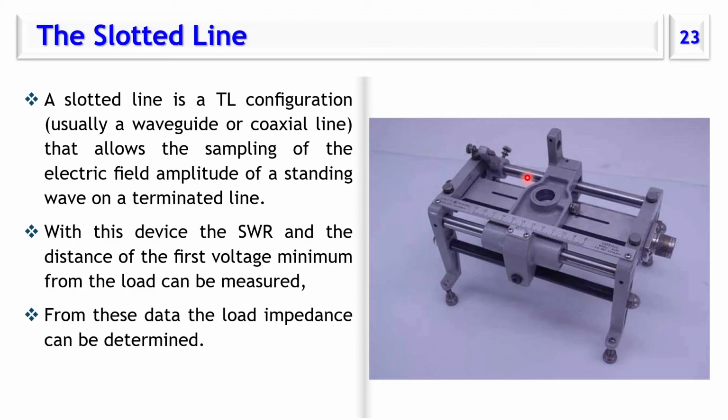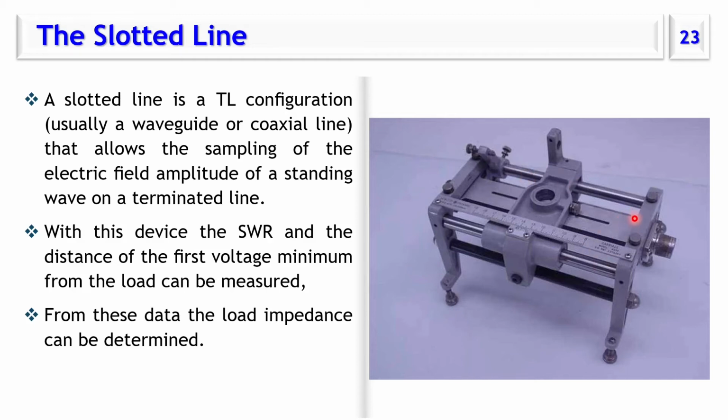This concept that we were just talking about, load impedance, input impedance, reflection coefficient, and standing wave ratio on a Smith chart, can practically be used to measure an unknown impedance for microwave or RF, and what is used for this is a slotted line.